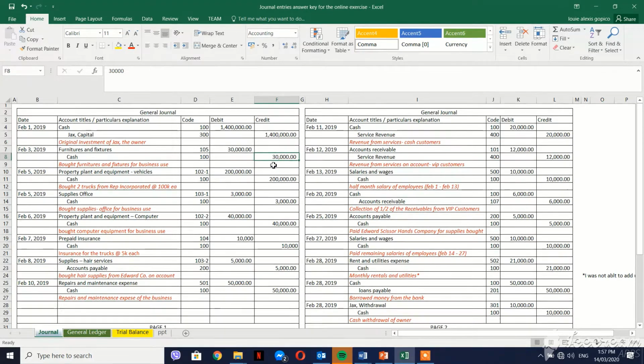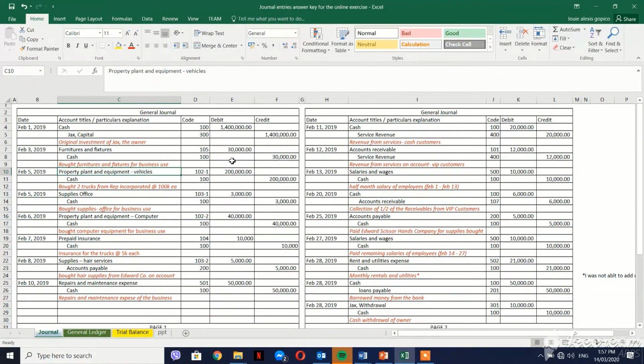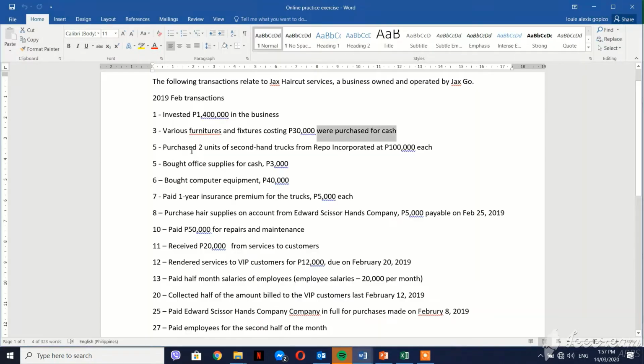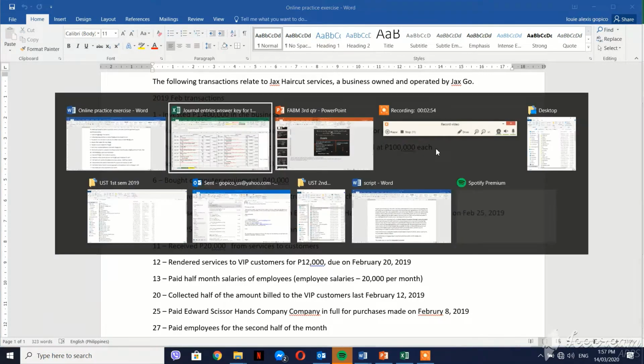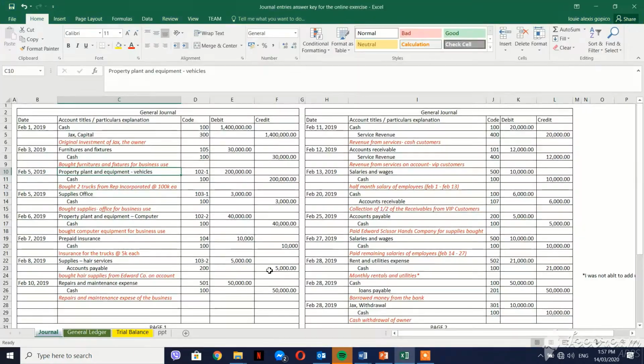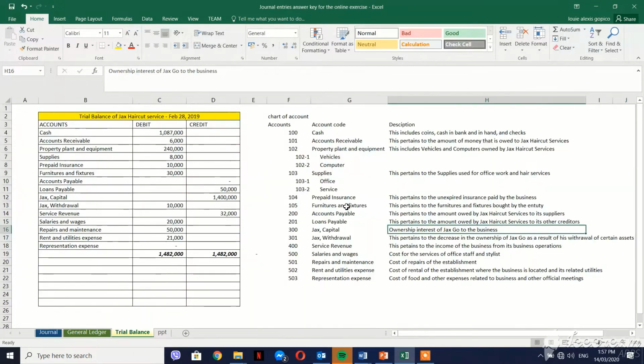Okay? So same goes with the other entries. For property, plant, and equipment, as you can see, we bought two units at 100,000 each. So since trucks are an asset, it is classified under property, plant, and equipment. In the chart of accounts that I created, it includes vehicles and computers owned by Jax Care Services.